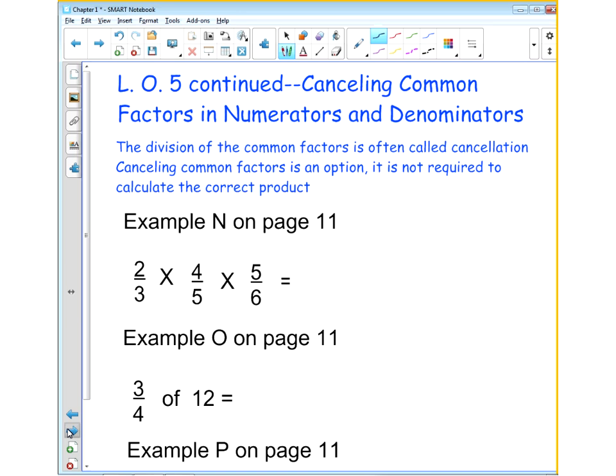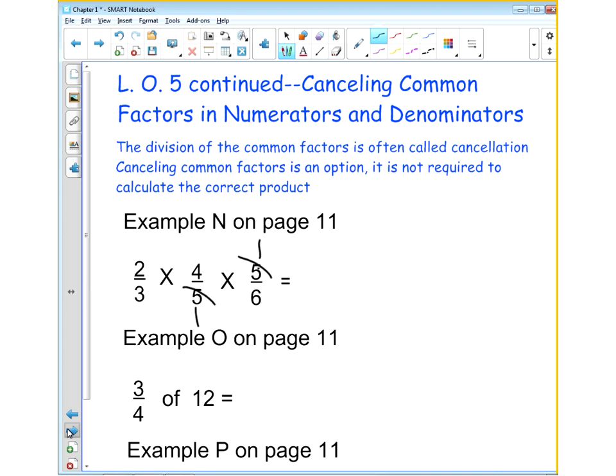All right, example N on page 11, we're going to cancel out some of the common numbers that we have here, or some of the factors. You can see I've got a 5 and a 5. Well, 5 goes into 5 once, 5 goes into 5 once. We can reduce that down. Remember, I'm canceling out numerators against denominators. You can't cancel out numerators to numerators and denominators to denominators.